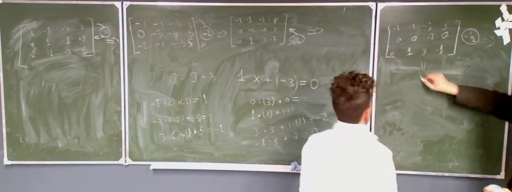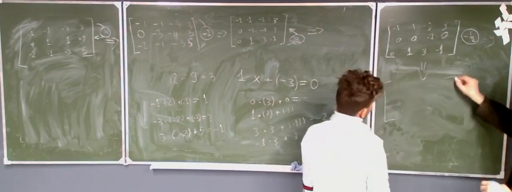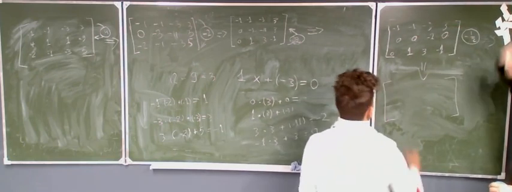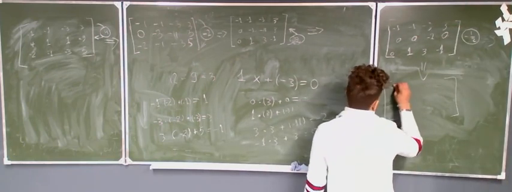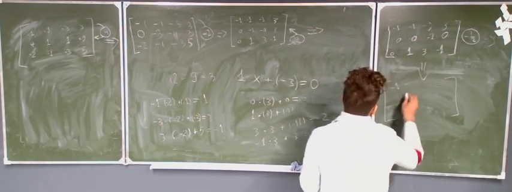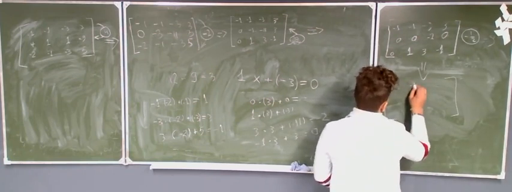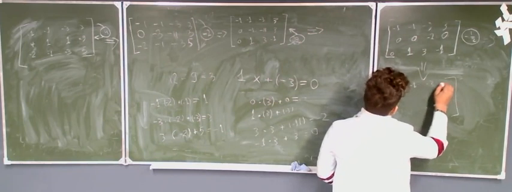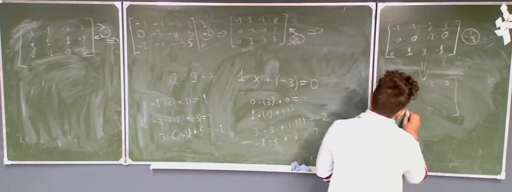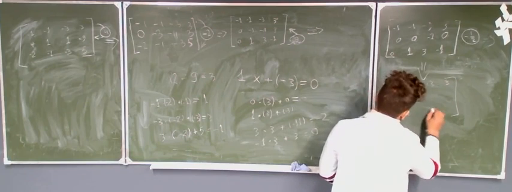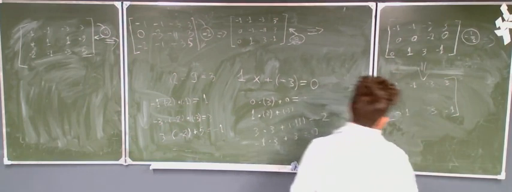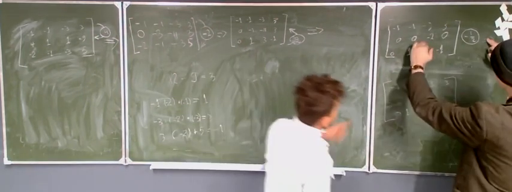This row is not changed, this row is not changed, only this row is changed. Just multiply this row by minus 1 over 2.